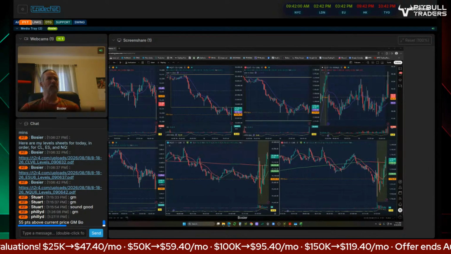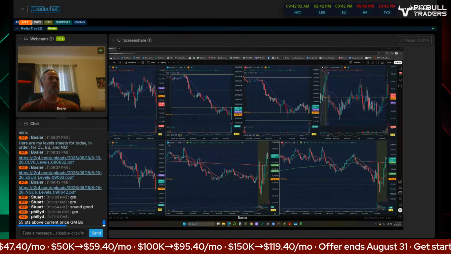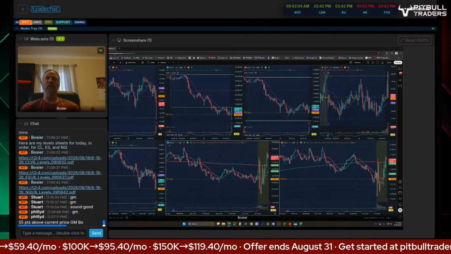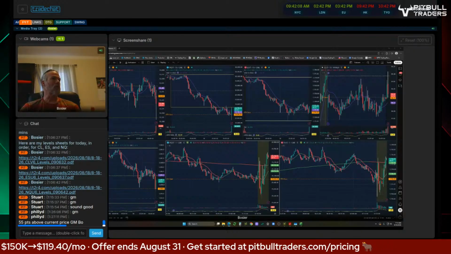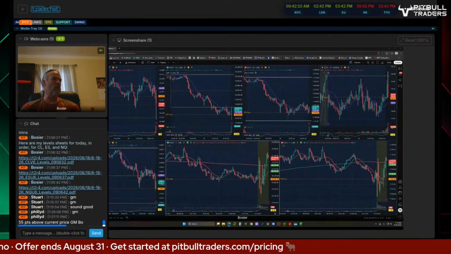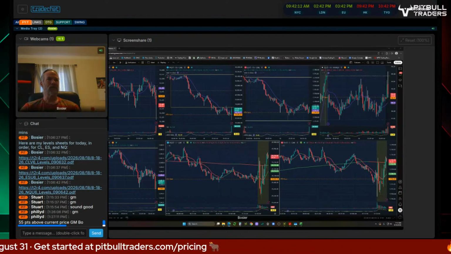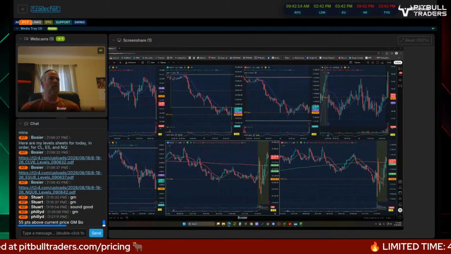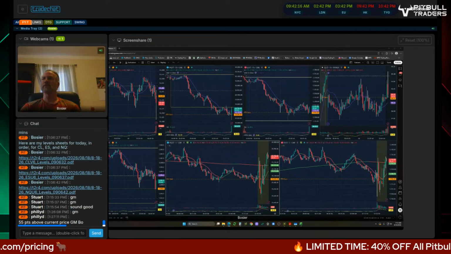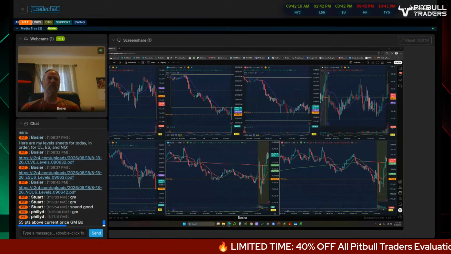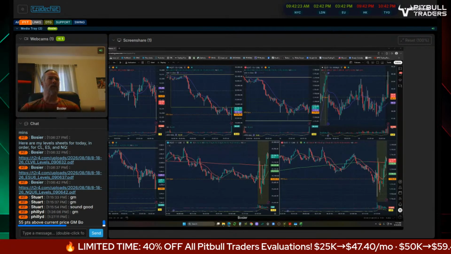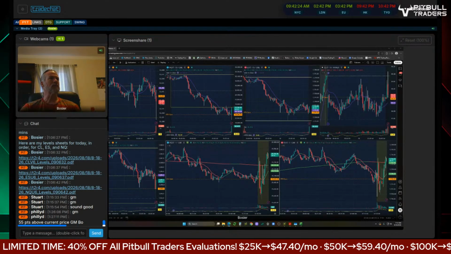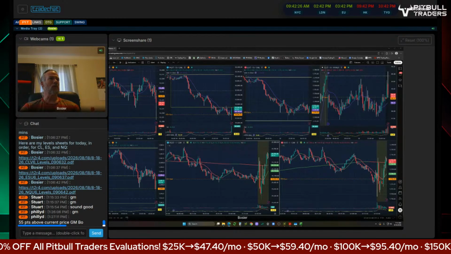These are the setups. But wait for the market to really tell you if there's a bias for the day, right? Because sometimes, and it happens more on the short side, I get too pessimistic, leaning too much to the short side.